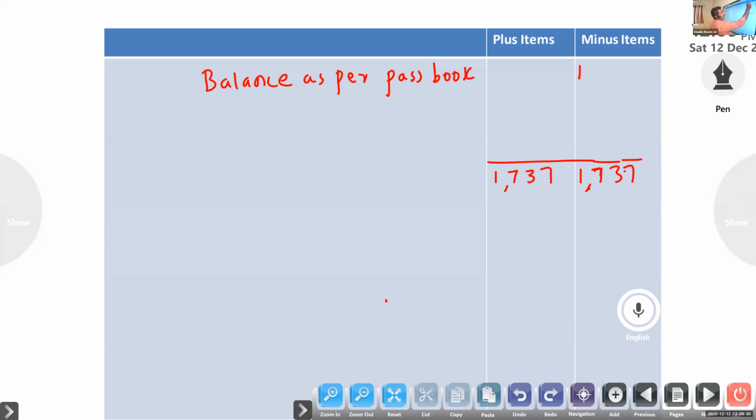You look at the bank balance, that amount you will get.